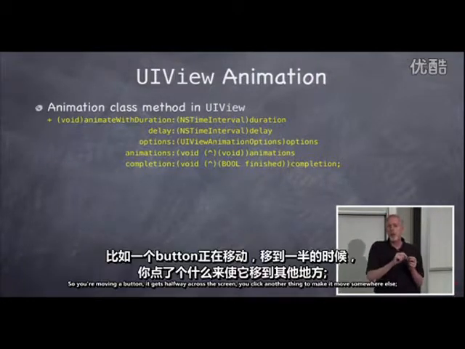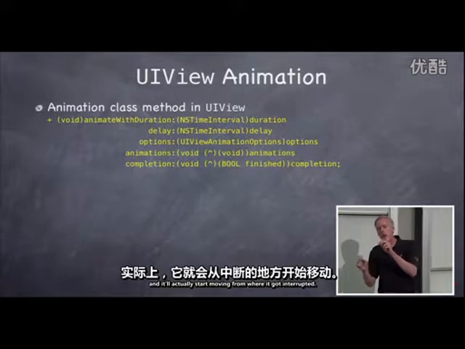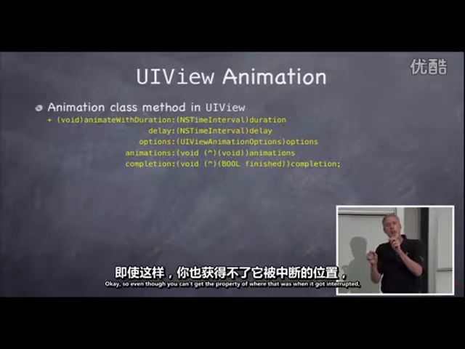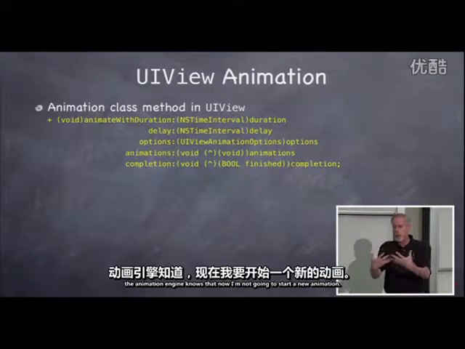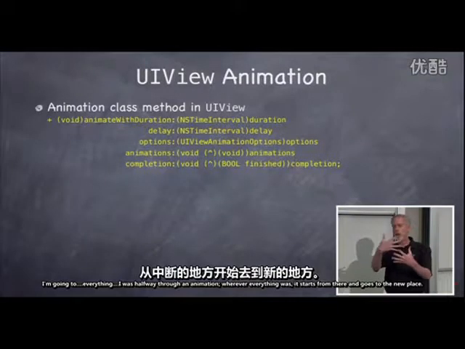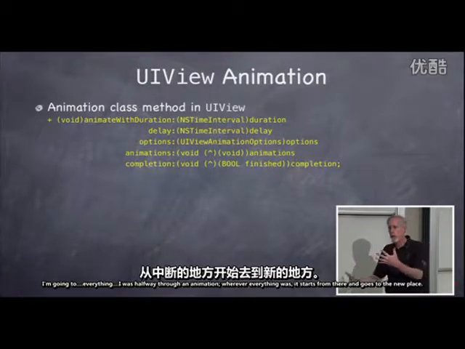So you're moving a button, it gets halfway across the screen, you click another thing to make it move somewhere else, and it'll actually start moving from where it got interrupted. Okay, so even though you can't get the property of where that was when it got interrupted, the animation engine knows. Now I'm going to start a new animation. I was halfway through an animation, wherever everything was, it starts from there and goes to the new place.